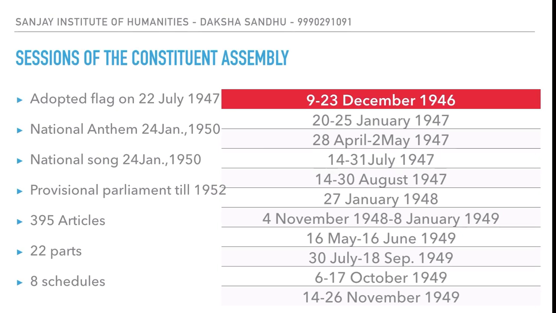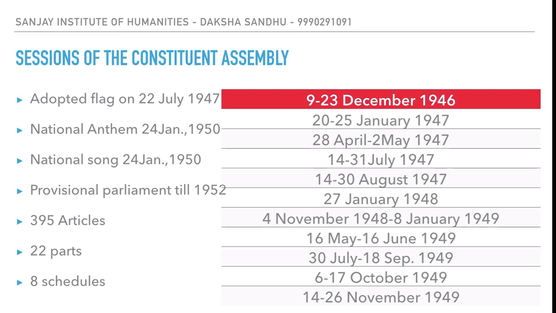The fourth session was held between 14 to 31 July 1947. The fifth session was held between 14 to 30 August 1947. The sixth session was held on 27 January 1948.